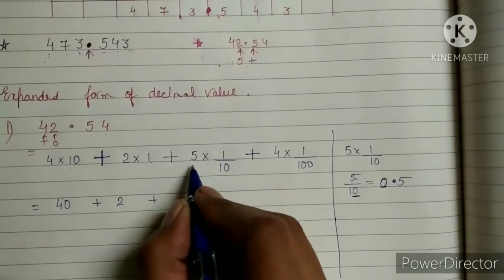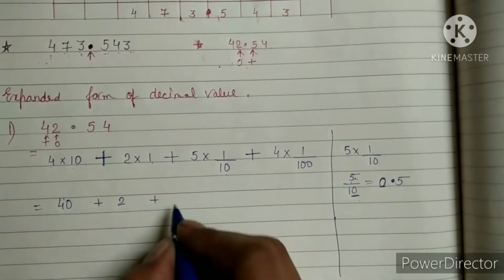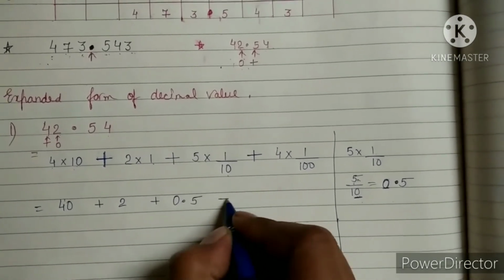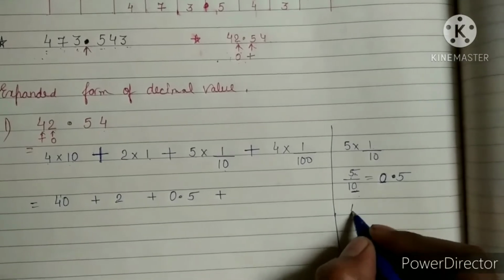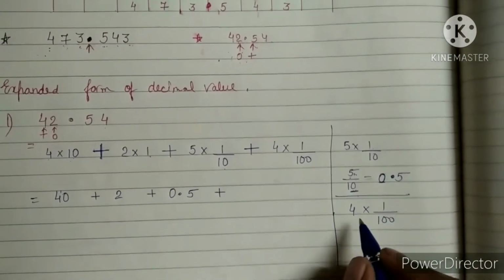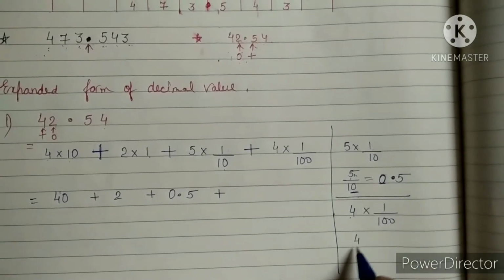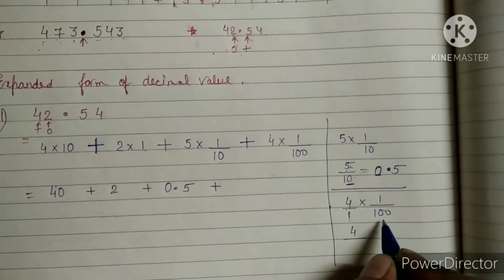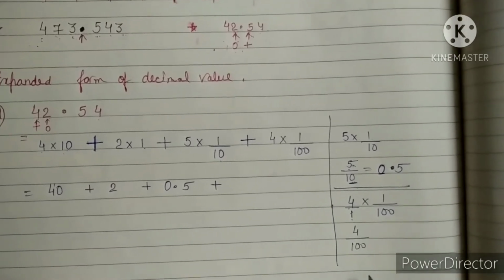So in place of 5 into 1 by 10 we can put 0.5 plus, same as it is, 4 multiplied by 1 by 100. So 4 times 1 is 4, and below the 4 we have 1 into 100, which is 100.